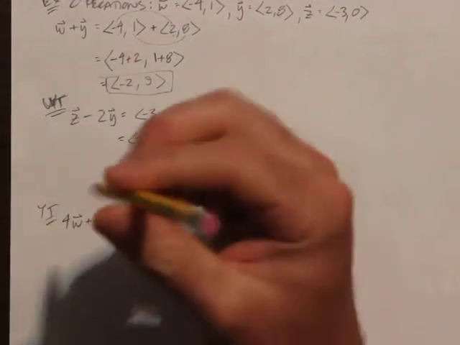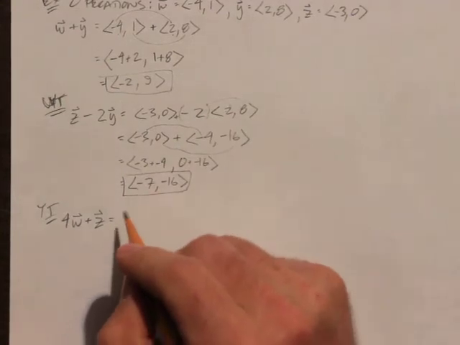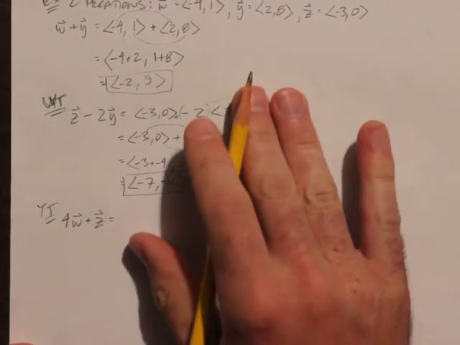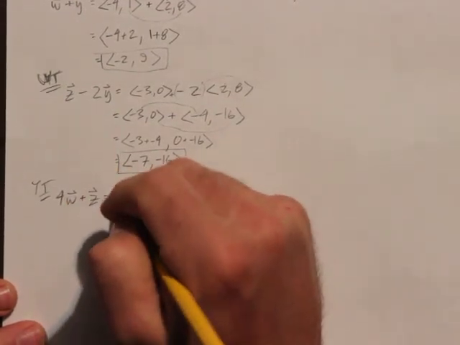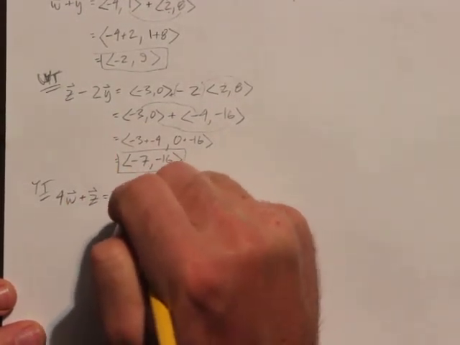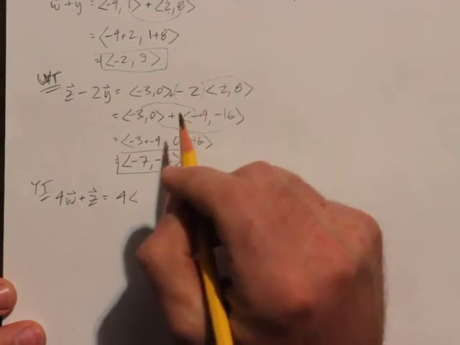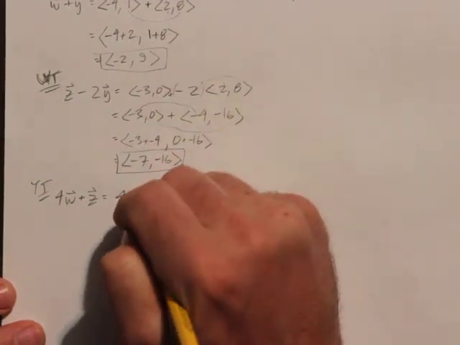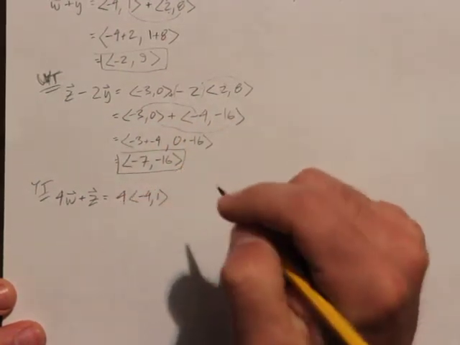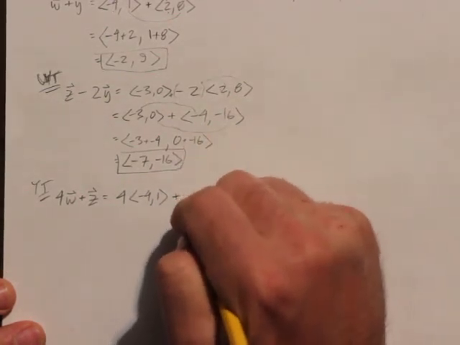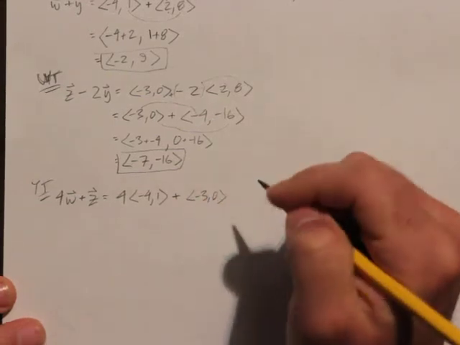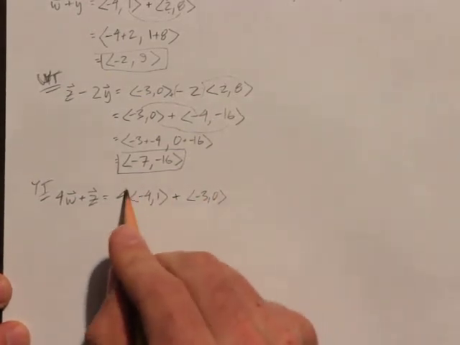Okay. Instead of just giving you the answer here, I'll work this out, and if you need to, you can fast forward. So I'm going to say 4 times W, which is -4, 1, plus Z, which is -3, 0. Alright, so this 4 gets distributed.